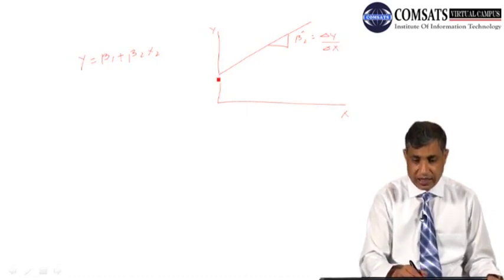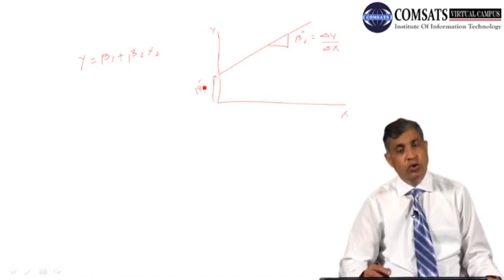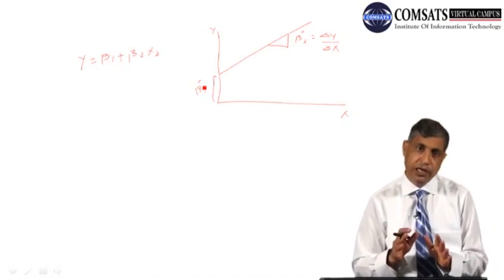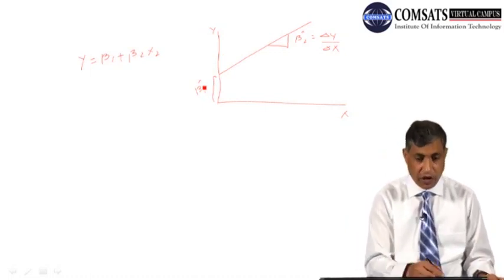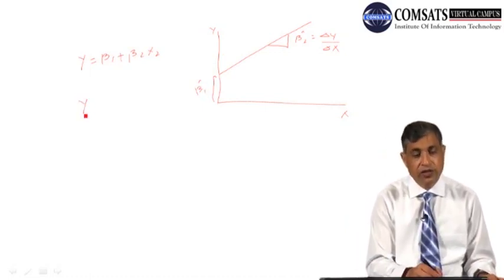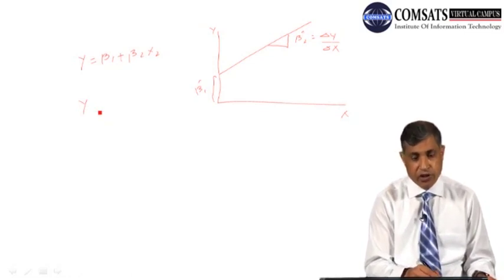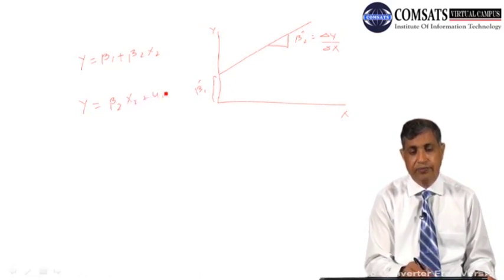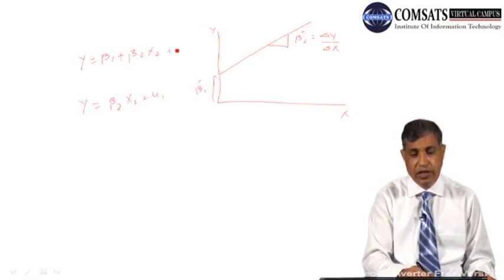So here is the intercept, that is called beta 1. Up till now we were concerned about this, but now I am saying that we have some prior information and we say no, there is no intercept and the situation is beta 2 x2 plus ui.